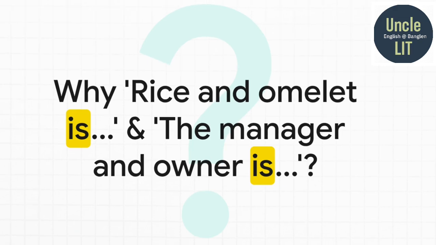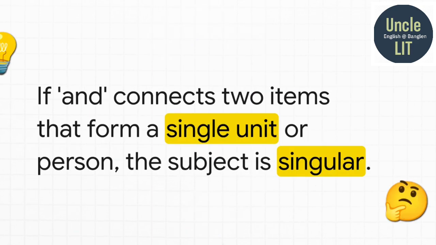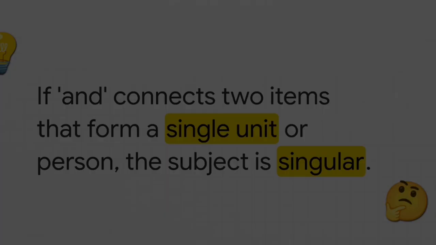They're one single dish. And in the second one, the manager and owner isn't two different people, it's just one guy with two jobs. So the big takeaway here is that context is everything. If those two things connected by "and" really just form one single idea, you treat the whole thing as singular.